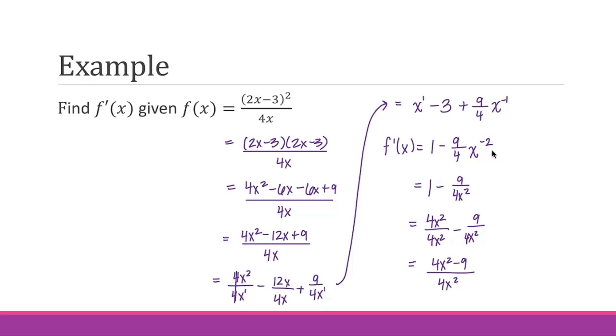And I can even go a little bit further to be fully simplified. 4x squared minus 9 is the difference of squares. So it factors to 2x minus 3, 2x plus 3, all over 4x squared. So this is as simplified an answer as we can get, but make sure that we're paying attention to the instructions.